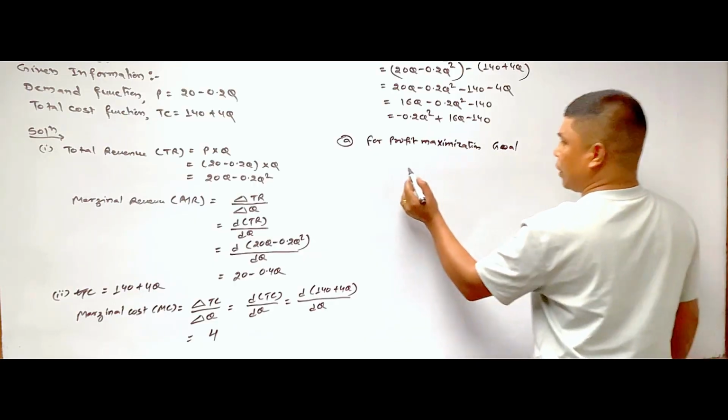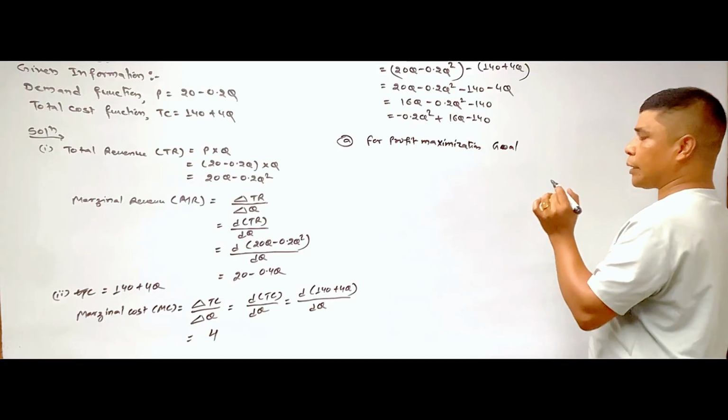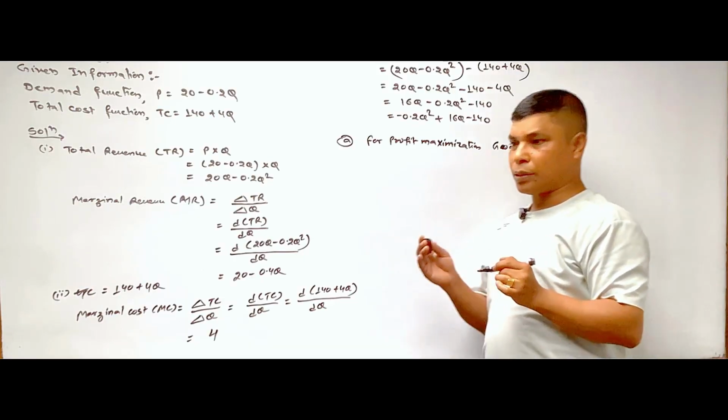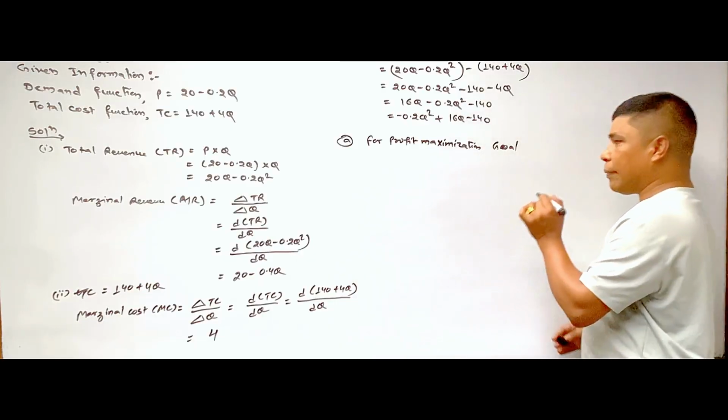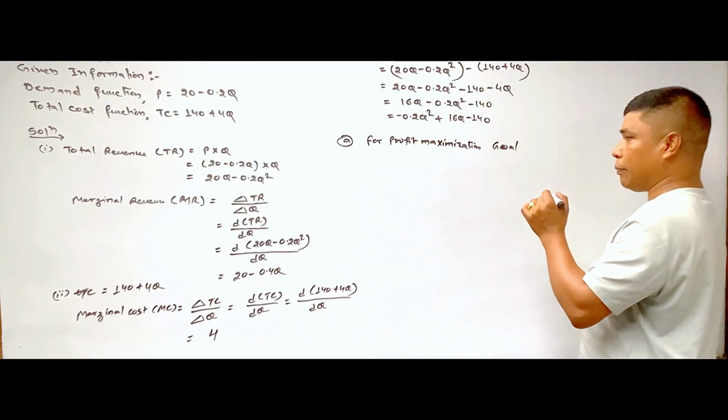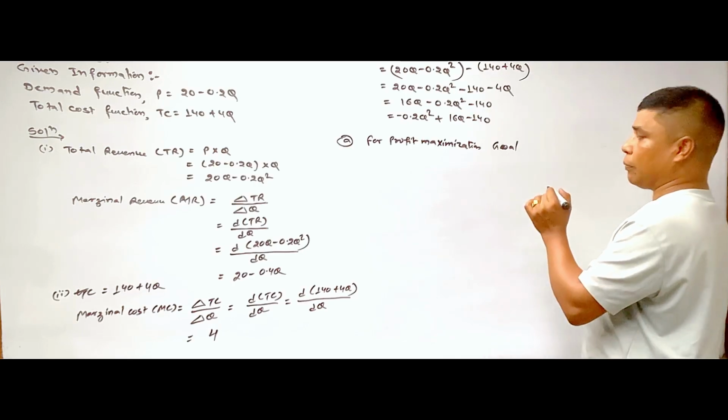goal, it is essential to satisfy that marginal revenue is cut by marginal cost from below. That means when marginal revenue equals marginal cost, then the firm achieves the maximum profit.